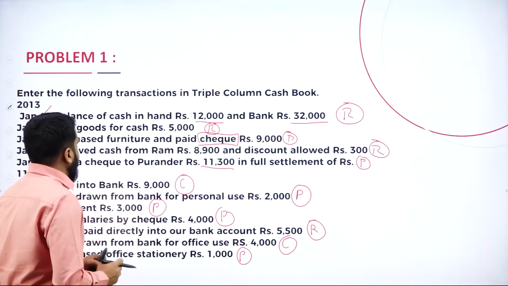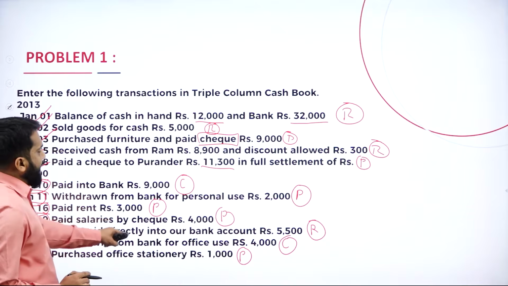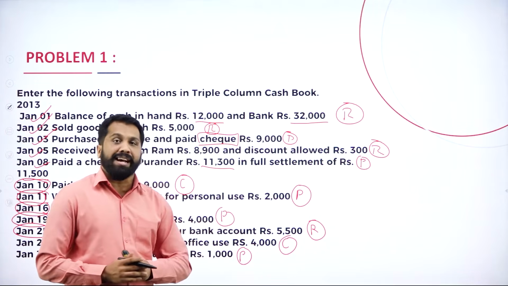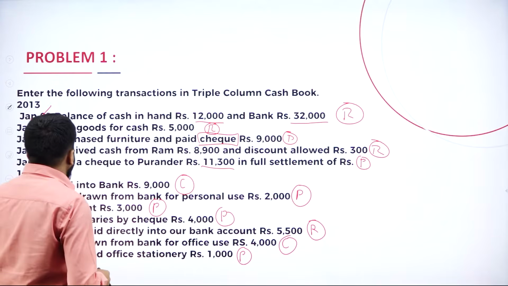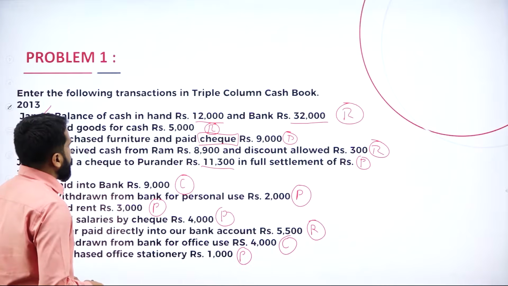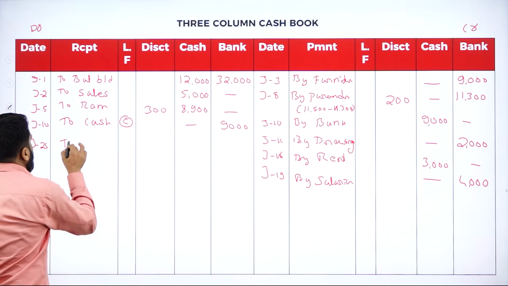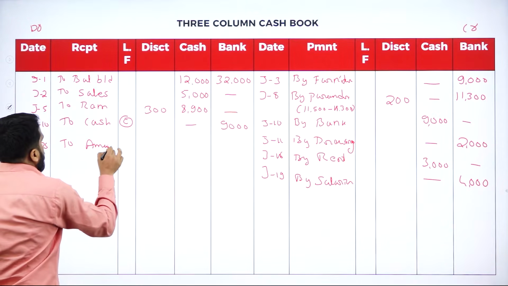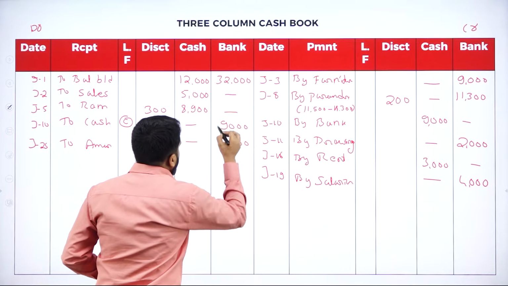Now, next, January 25th, Amar paid directly into our bank. As I told you, it is a receipt for you. Now, January 25th, Amar 5,500. January 25th, to Amar, bank column 5,500.